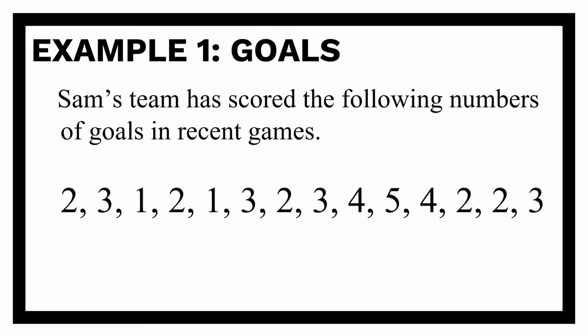And here are the scores: 2, 3, 1, 2, 1, 3, 2, 3, 4, 5, 4, 2, 2, and 3. If you count all of these, we can conclude that Sam's team has played 14 games. Let us now create the frequency distribution to analyze the data that we have gathered.